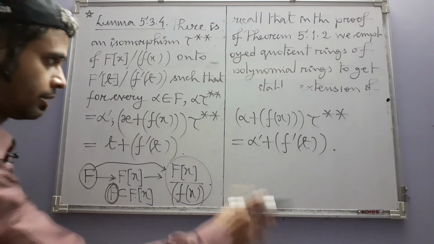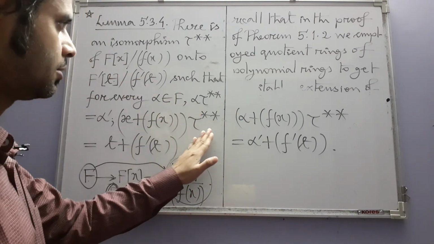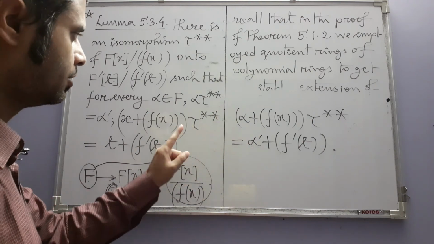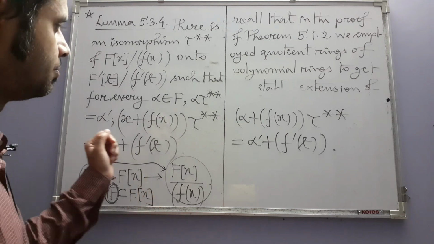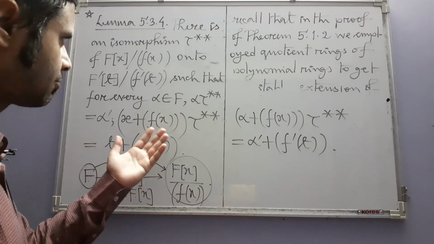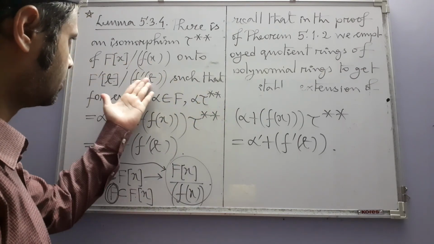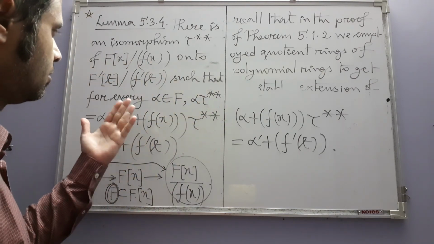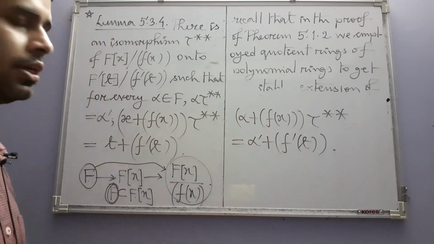Okay, so that means in the proof of this lemma, which we will do in the next video, we will have to first of all define this tau double star, and then we will have to show that it's an isomorphism of this ring onto this ring, and also this we have to show, and next this also we have to show.